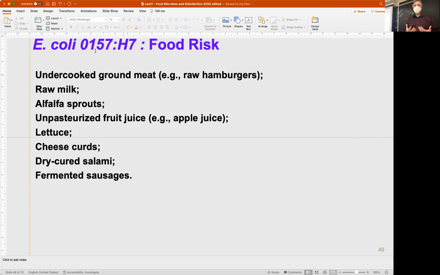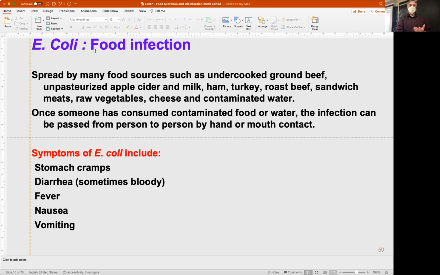So where do we get it? We can get it from uncooked meat, raw milk, alfalfa sprouts, unpasteurized fruit juice, lettuce, cheese curds, salami, sausages, different ways of getting it. The food infection sources are undercooked ground beef, apple cider, milk, ham, turkey, roast beef, raw vegetables, cheese, and contaminated water.